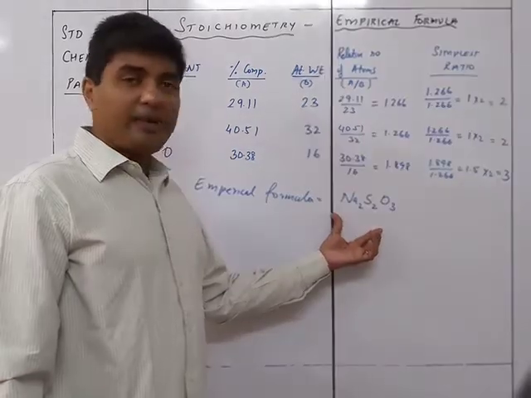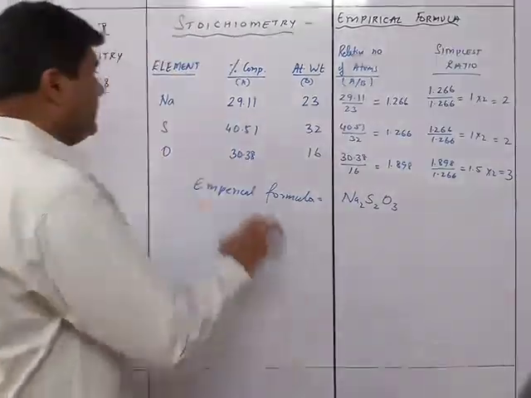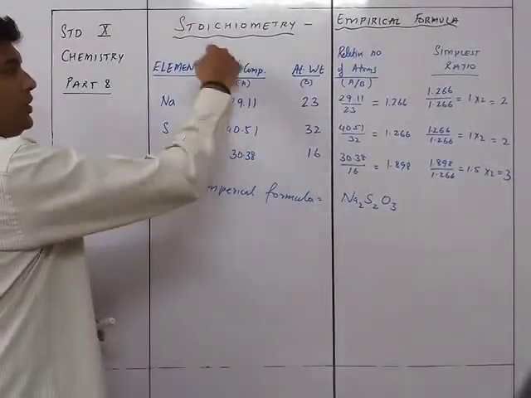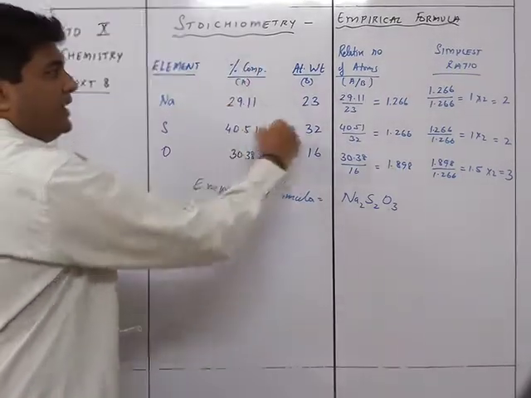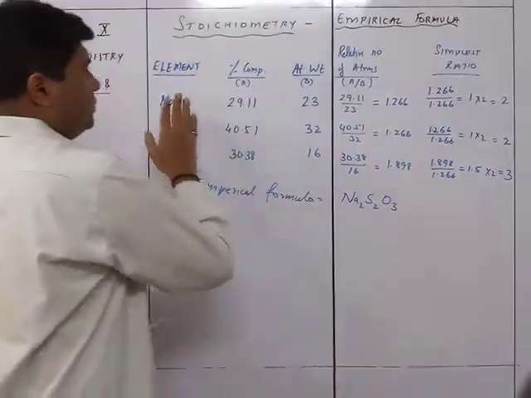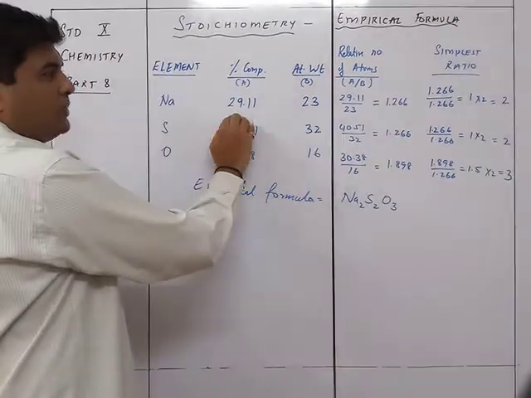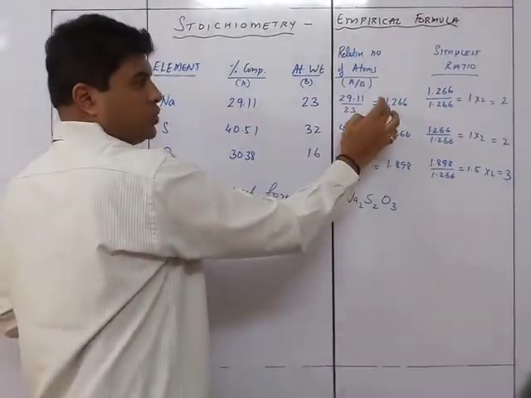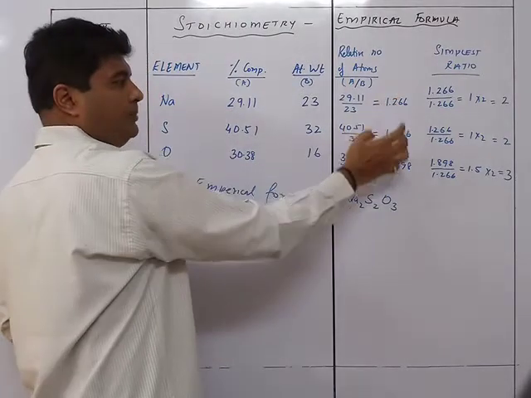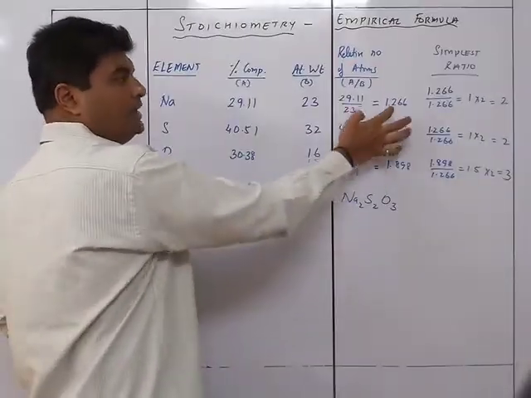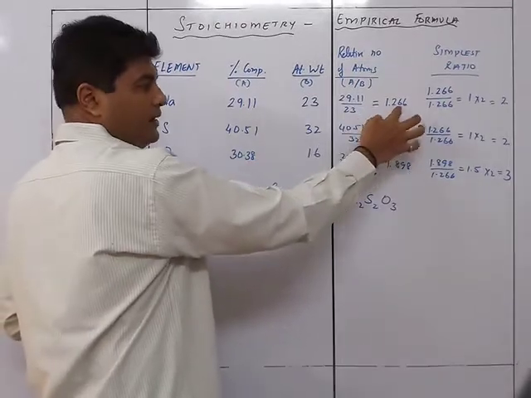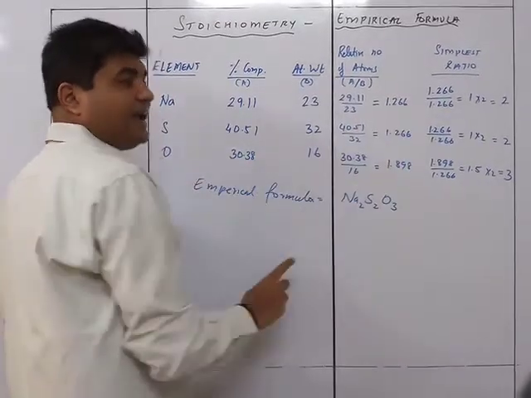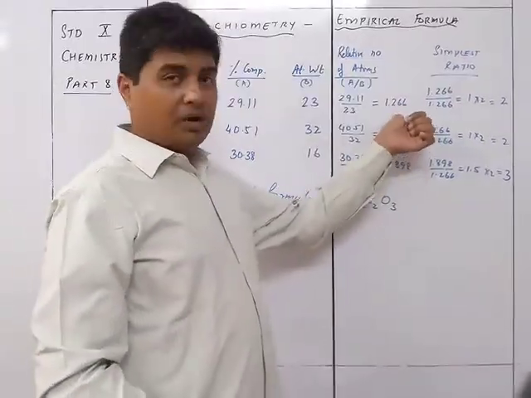So how to find out the empirical formula: the method is this way. You have the element, you have the percentage composition, and you have the atomic weight. First of all, percentage composition divided by atomic weight will give you the relative number of atoms. So you get the relative number of atoms of sodium, sulfur and oxygen. Once you get these values, you divide all of them by the lowest number of the three.